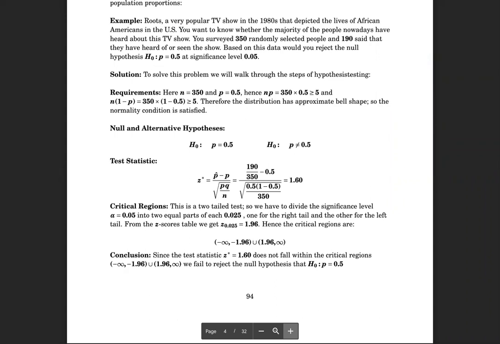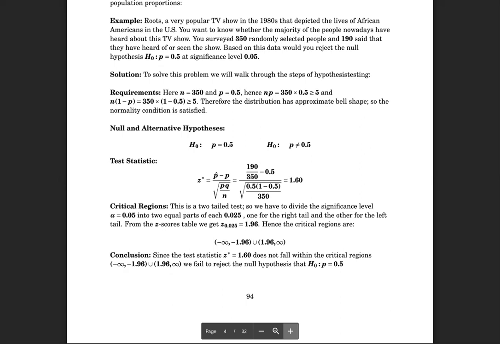I can't emphasize enough. So the Roots TV show was very popular in the 80s. When I was younger, I saw that TV show briefly back where I grew up. Now we are trying to find out what percentage or proportion of people nowadays know about that show.